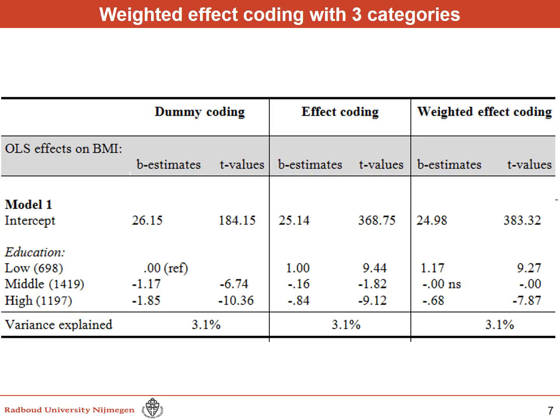It's a different test. So if you like to take into account the different numbers of observations, and I believe that would be a wise thing to do, because the educational categories do not have equal numbers of observations, then weighted effect coding is superior to effect coding.